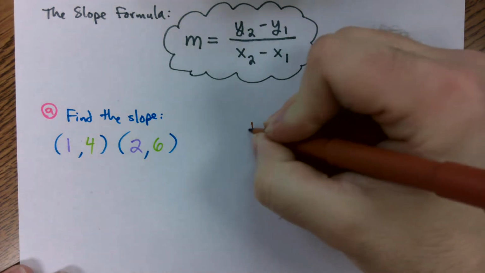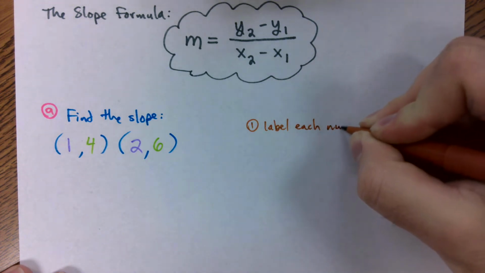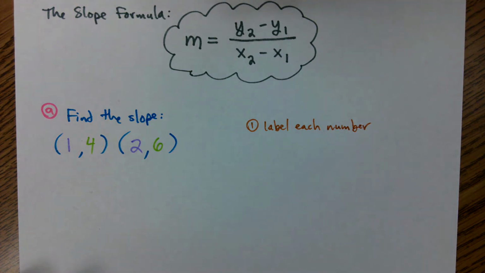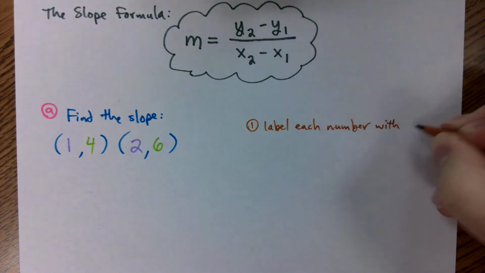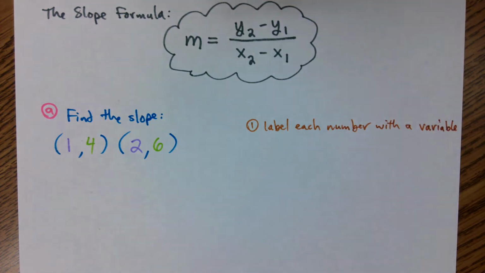So the first thing we need to do is label each number with a variable. That's our first step. So here's how we're going to label each number with a variable.